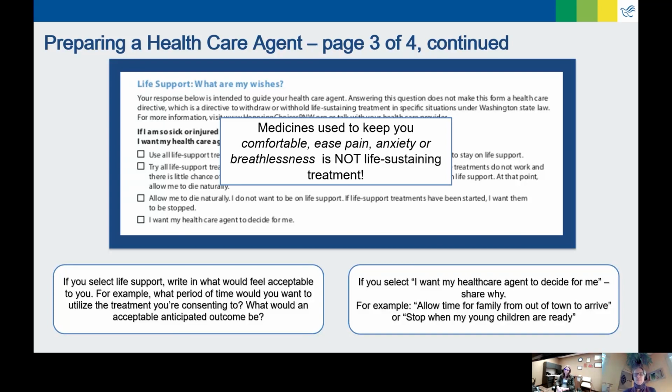So rather than life-sustaining treatment to prolong living or potentially to prolong the dying process, the shift is more towards comfort oriented care. But your pain, anxiety, breathlessness, your hygiene, all of those things will still be honored and followed, even if you choose to discontinue life sustaining or life prolonging treatment.